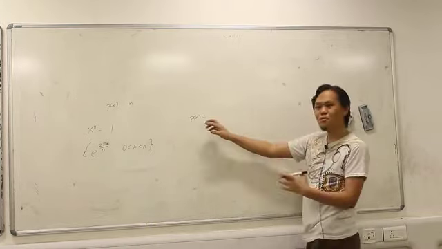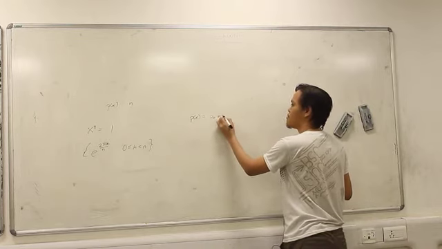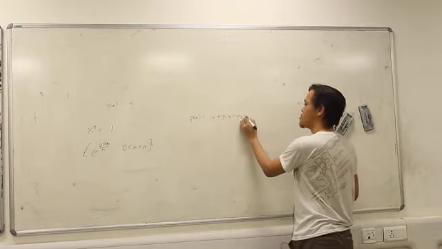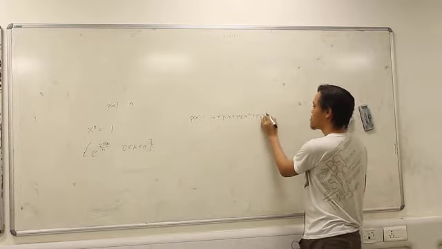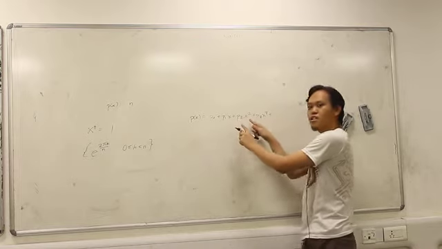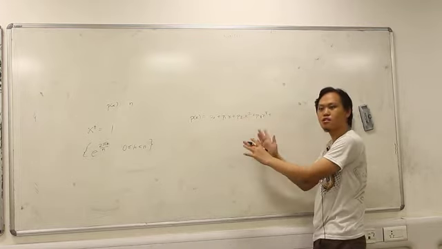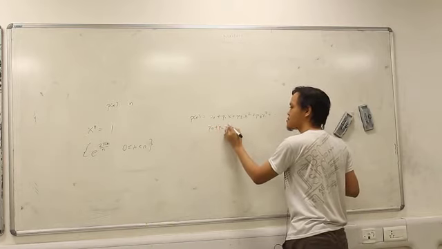We decompose p of x into 2 parts, one for the even terms and one for the odd terms. So let's say p of x is this. We split the terms. We group the even exponent terms and then the odd exponent terms. So we'll get something like this.